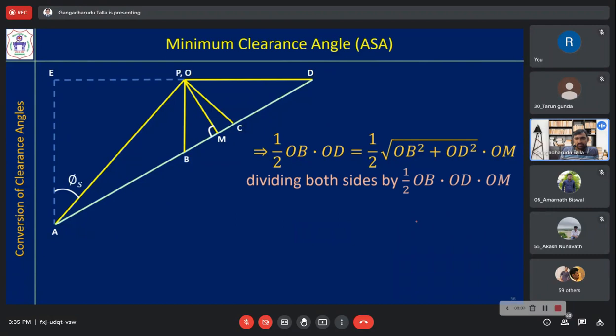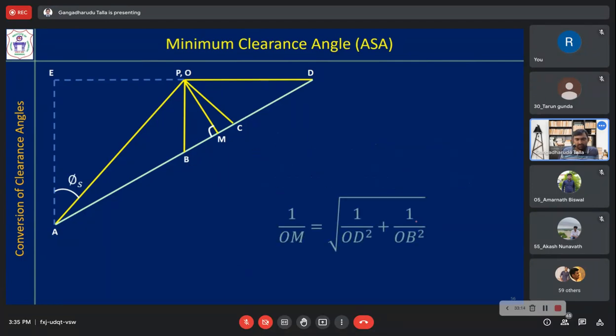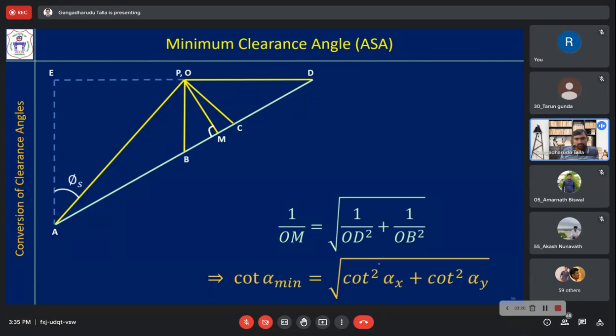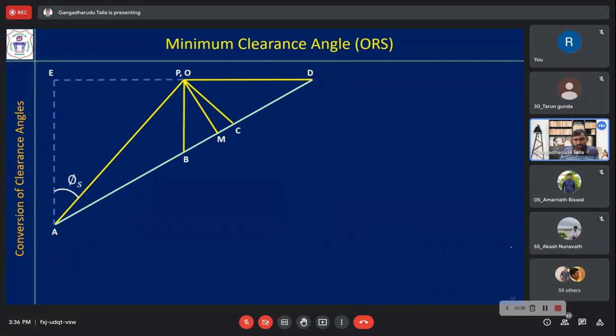Divide both sides by OB, OD, OM, and half will be cancelled out. So it will be 1 by OM equals square root of 1 by OD square plus 1 by OB square. So cot alpha minimum is equal to square root of cot square alpha x plus cot square alpha y. All the derivations are very similar to each other.